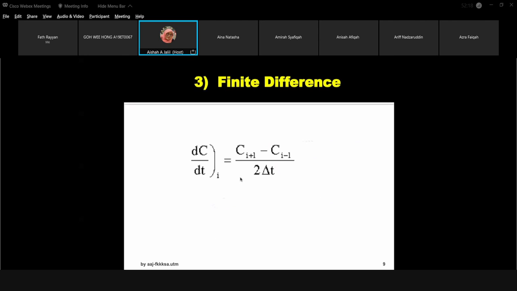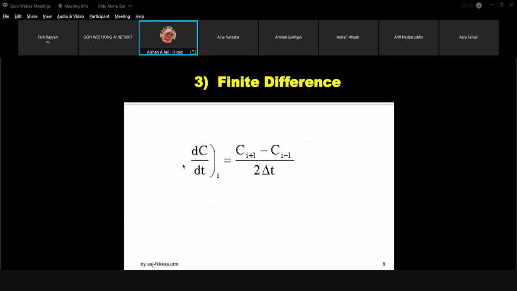I do not show it here. If you see the numerical method or finite difference in the textbook, you can see there is a formula for the beginning. The beginning start point, then point one.